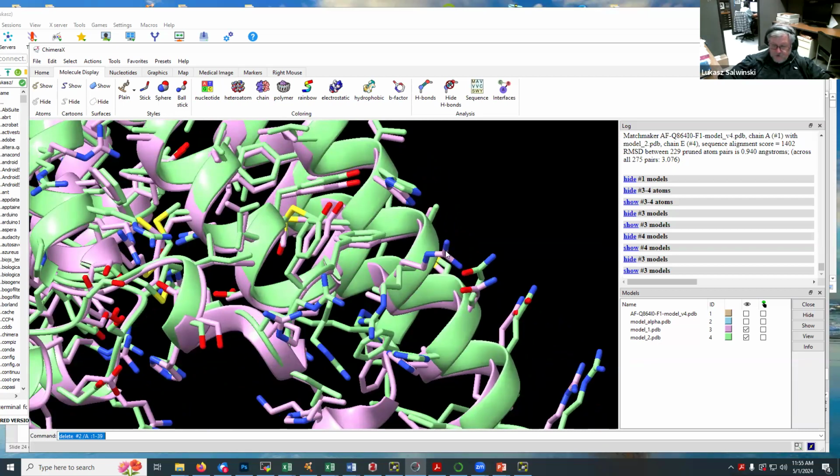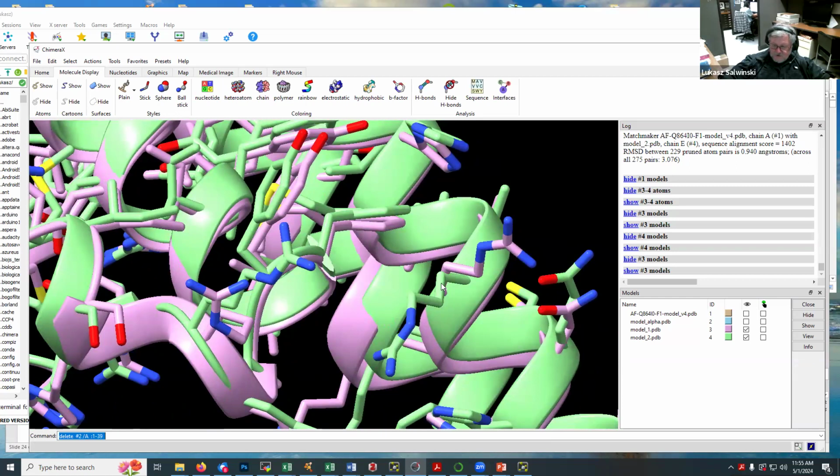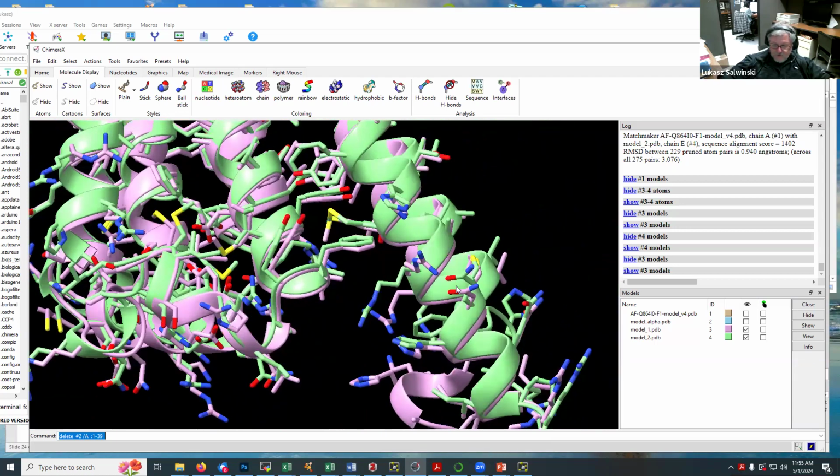It has a different direction where the side chain points, but the residue is in the same place. If this charged residue ended up on the opposite side of the helix, pointing towards the protein interior, it's probably a sign that the alignment is bad, that the helix got shifted by a couple of positions. So those things can happen.